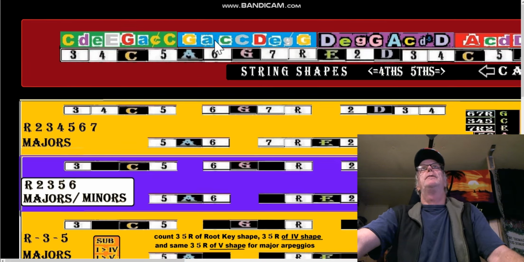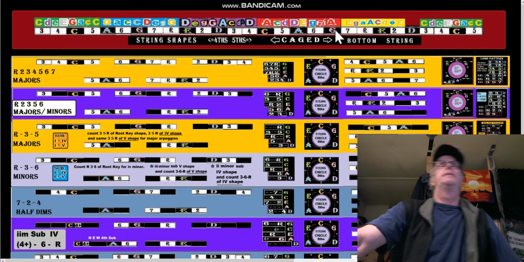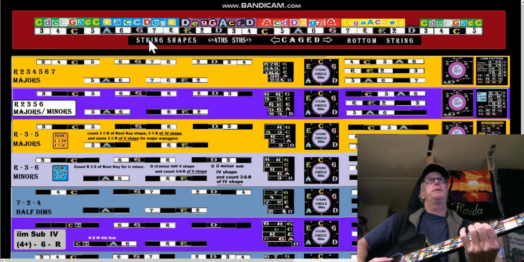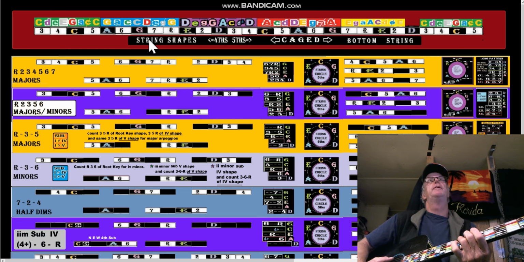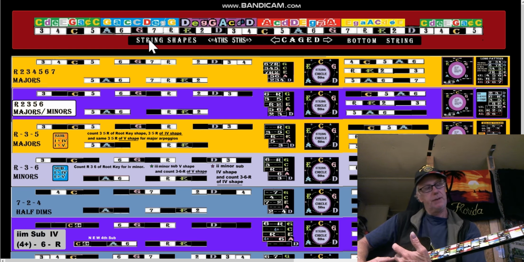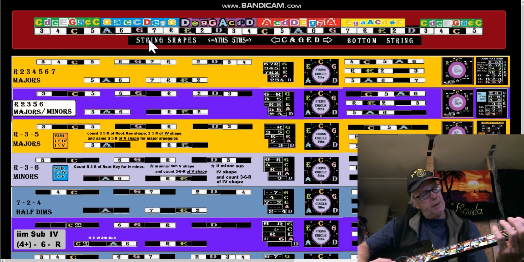Let's zoom out. We have here the bottom string. Here are your string shapes. The key of C would start here: 3, 4, 5, 6, 7, root, 2, 3, 4, 5, 6, and then that same effect happens on the next string up: 5, 6, 7, root, 2, 3, 4, 5, 6, 7, root.